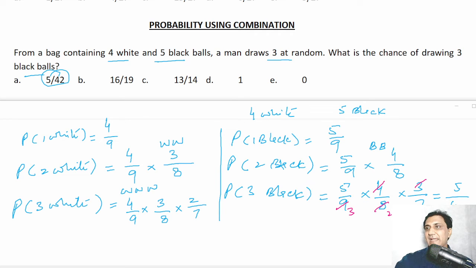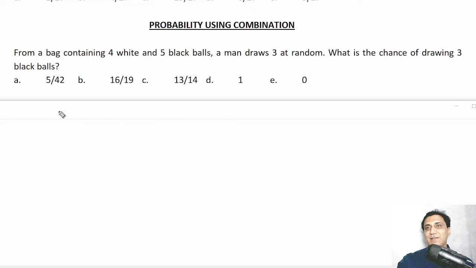Again, as we have 4 white and 5 black balls, what if I ask you to choose 2 balls, a white and a black?